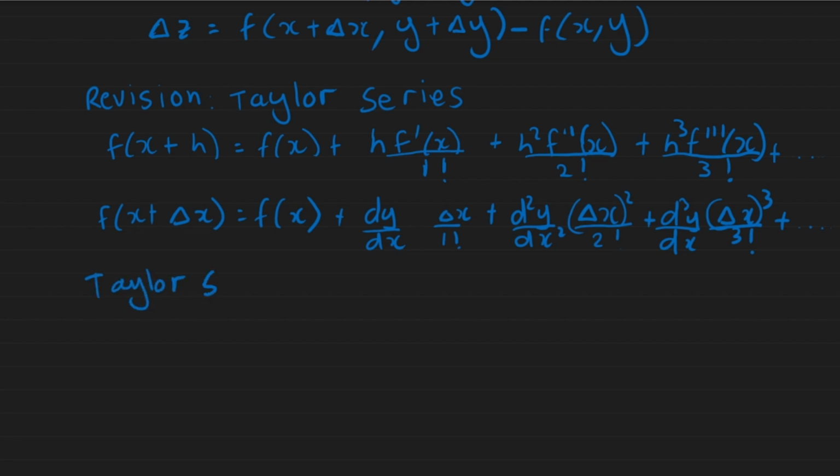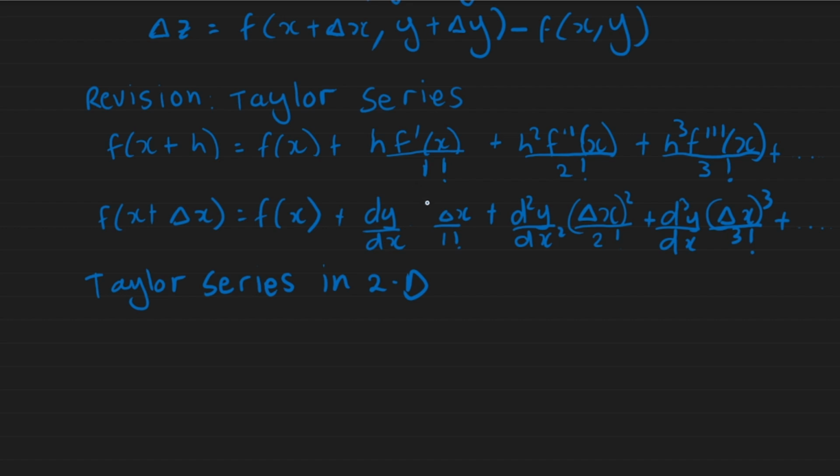Taylor series in 2 dimensions. If we look at our function, we see that we have one variable, and it's the derivative with respect to one variable. So if we have 2 variables, x and y, all that happens is that we write the Taylor series for each variable.